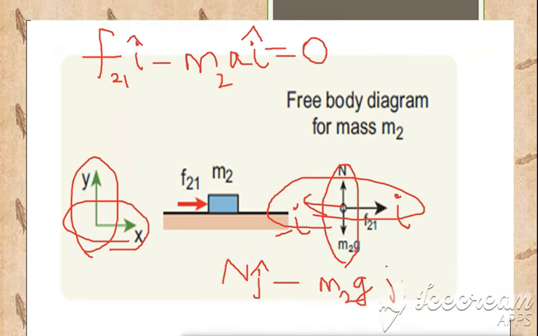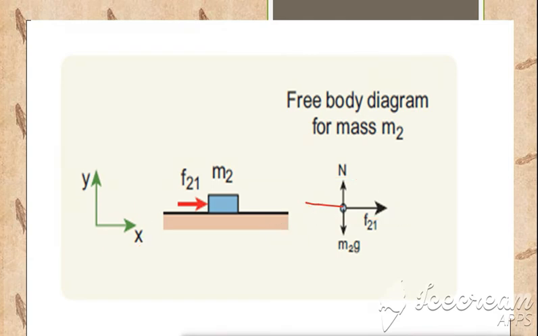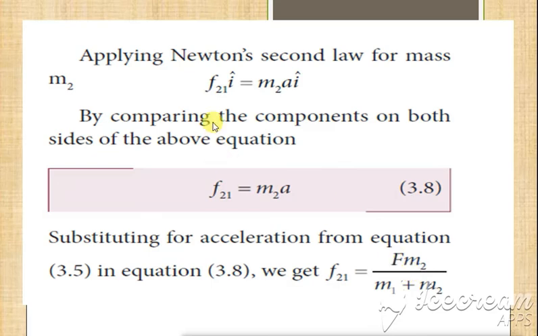Okay, so if you draw this diagram and write it, it will be easier for you. Okay, so make it clear with all the diagrams so that you'll be able to write the equations. So we are taking the first equation, F21 I cap is equal to m2 into I cap. So both sides cancel with the value of I. So we get F21 is equal to m2 into A. We know already the value of A. A is equal to what?